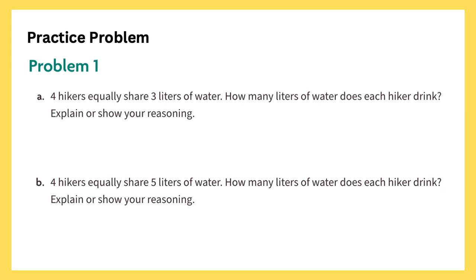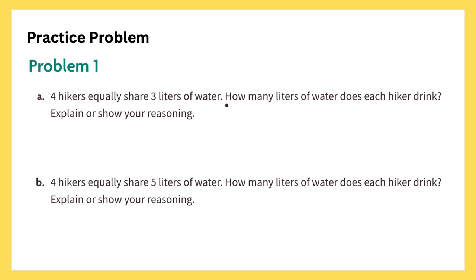And A says 4 hikers share 3 liters of water. How many liters of water does each hiker drink? Explain or show your reasoning. So we can do both. We can make a visual representation, and we'll also make an expression to represent this problem.